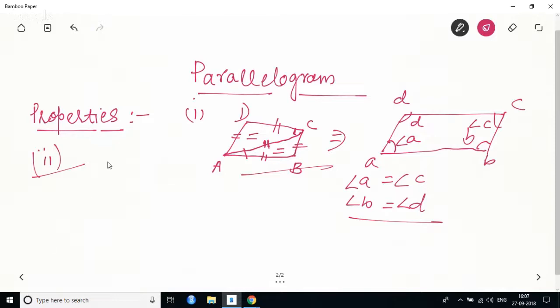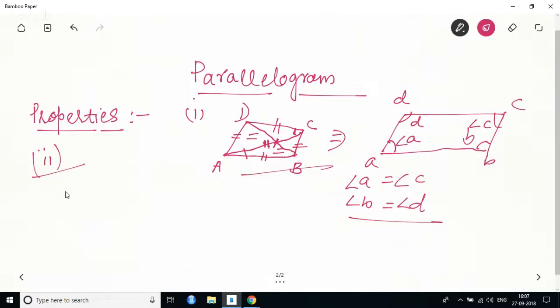Now look at here. Next one is the diagonals of the parallelogram bisect each other. So till now I have done theorems.